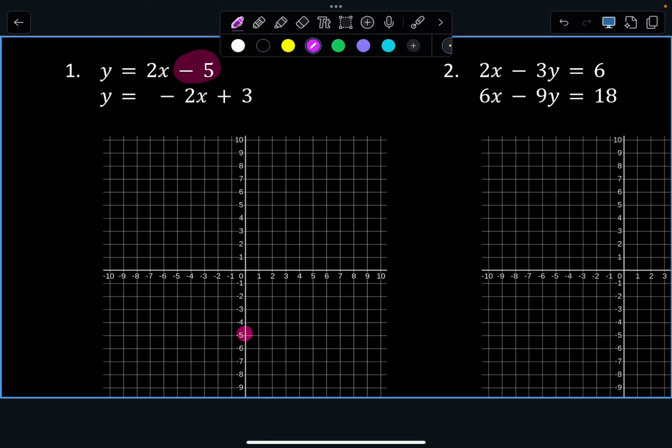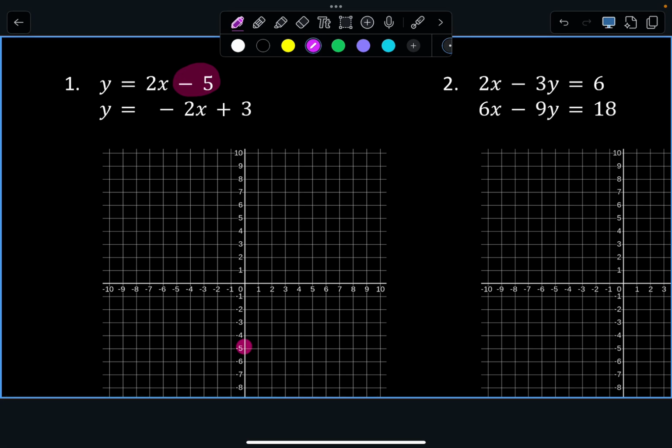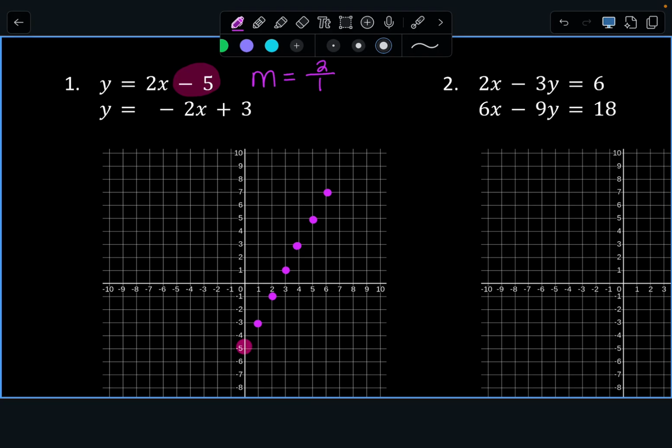Our slope for this top one is 2, but we like to write it as a fraction, so our slope is 2 over 1. It means we're going up 2, right 1. Up 2, right 1, and we will continue doing the same pattern until we fill our graph.